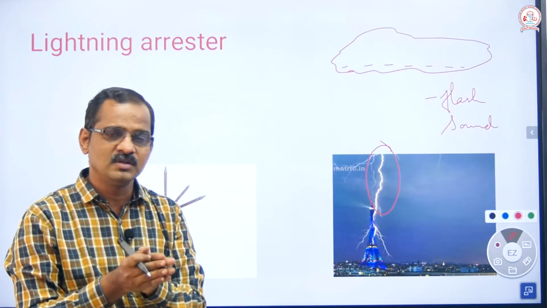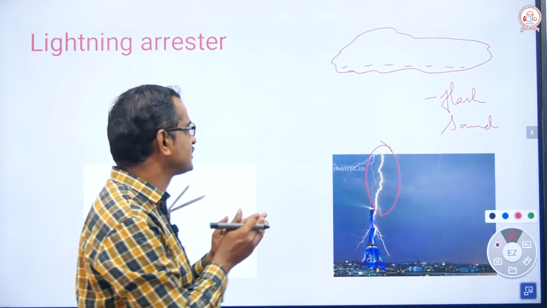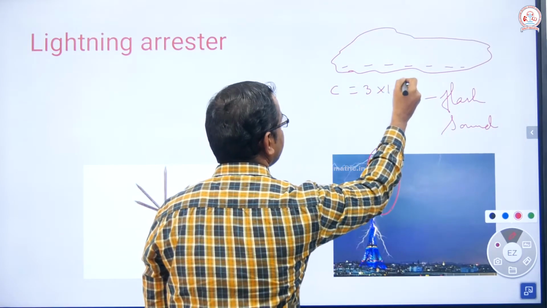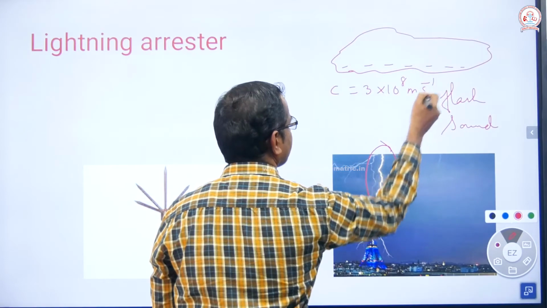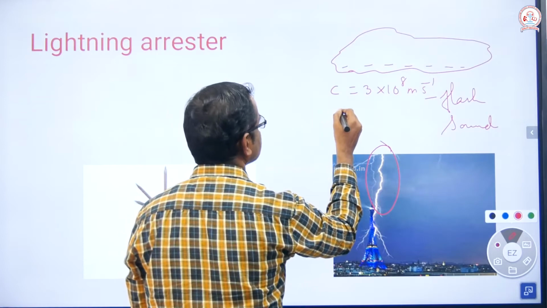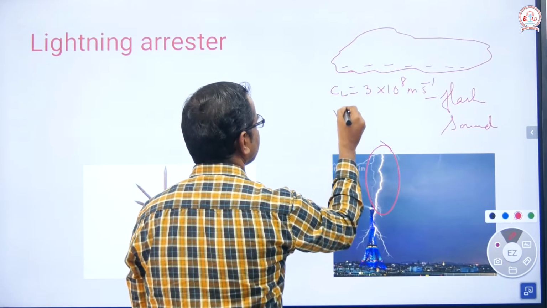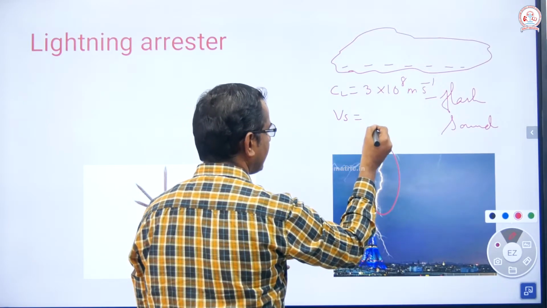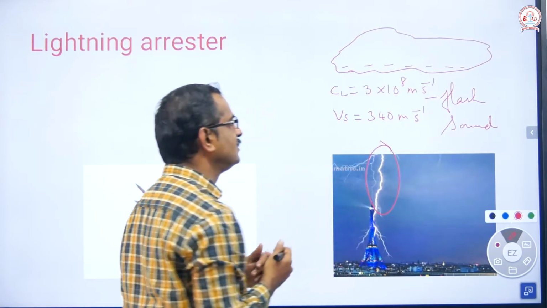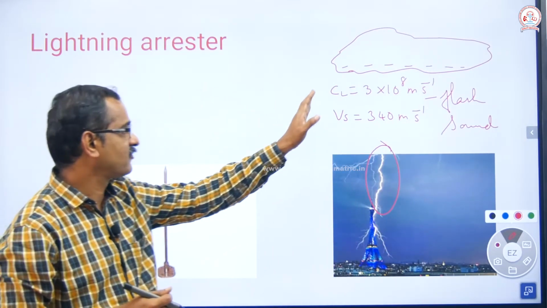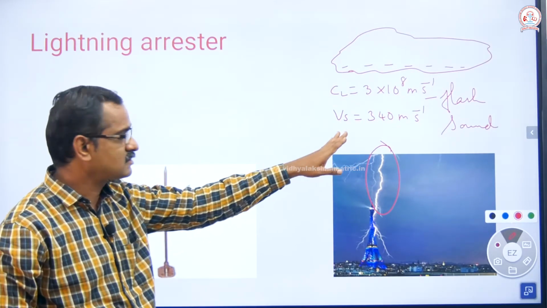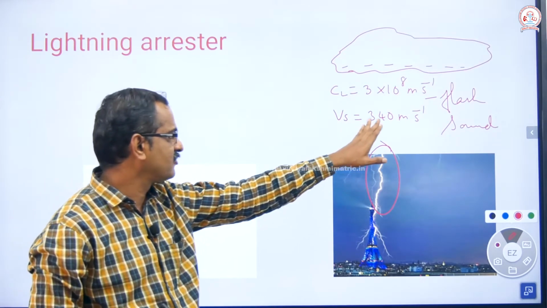Velocity of sound is less than the velocity of light. Velocity of light is 3 into 10 power 8 meter per second, whereas velocity of sound in air is approximately 340 meter per second.